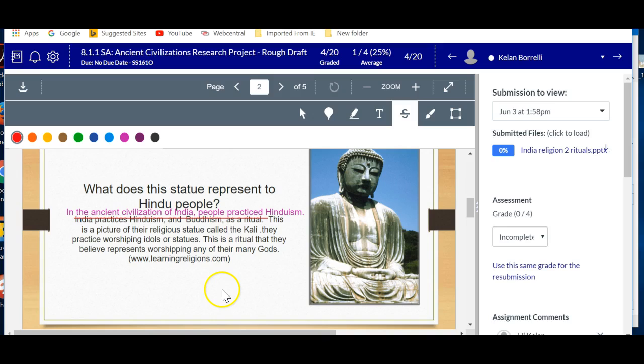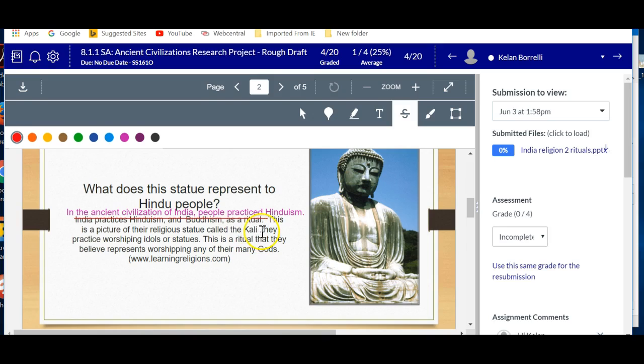So we talked about why, and now we're going to go to the second sentence. It says, this is a picture of their religious statue called Kali. What I'd like you to do, and it's hard for me to do with these digital tools, is move this period right next to Kali.